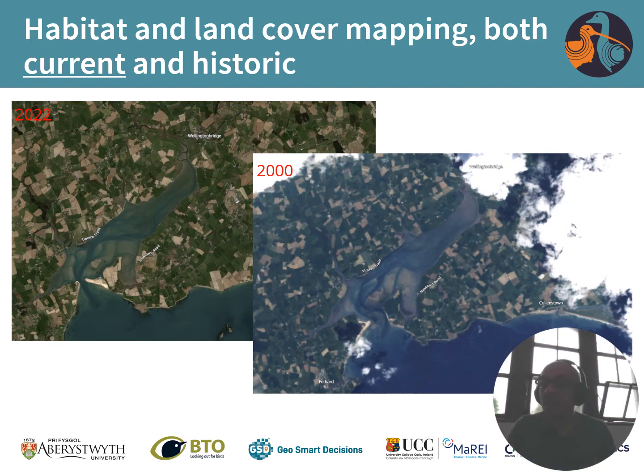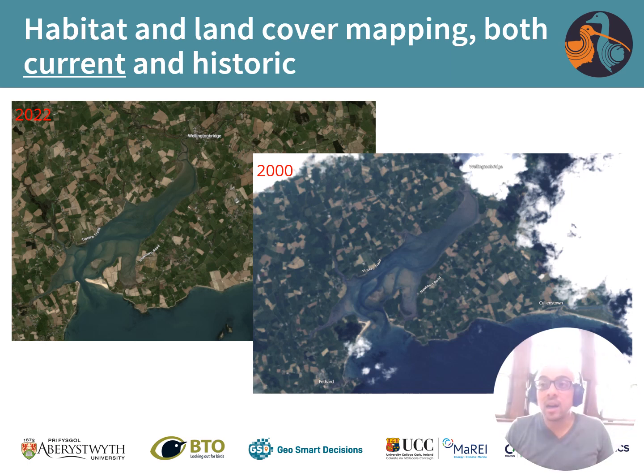This slide gives you an idea about the kind of information that we can collect with satellites. The left side is an image of one of the study areas from 2022, and the right side is an image from 2000. The first thing that we can see from this is that the habitat could change in 20 years.